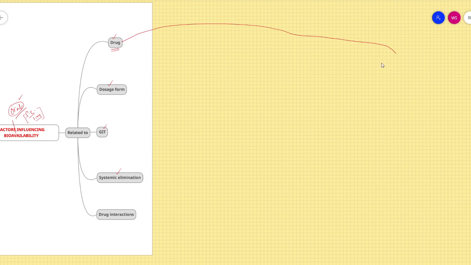Let's say there is this person who is consuming this drug, and the drug passes down his GIT and enters into his stomach, and from there it enters into the intestine.